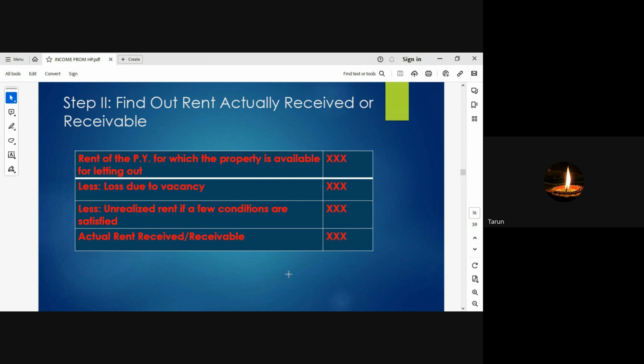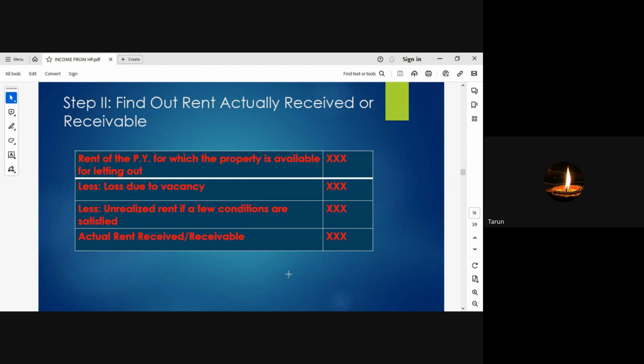So whatever amount you get is called the actual rent received or receivable, and that rent is calculated for the previous year, right? So if the present year is 2023-24, the rent received in 2022-23, that previous year, will be considered in estimating the rent actually received or receivable.